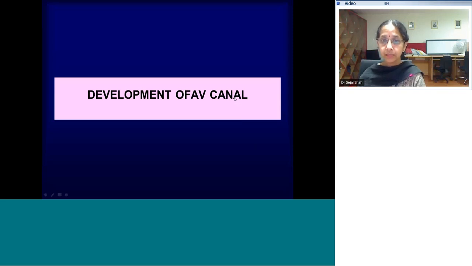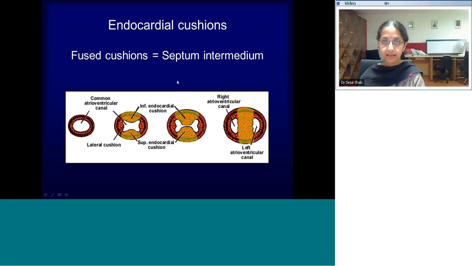Coming to the sixth step, which is the development of the AV canal. The atrioventricular canal primarily derives its tissue from the endocardial cushions, and initially you have a single common inlet, a common atrioventricular canal, which then develops cushions located anteriorly and posteriorly, termed the superior and inferior endocardial cushions, and simultaneously some lateral cushions develop.